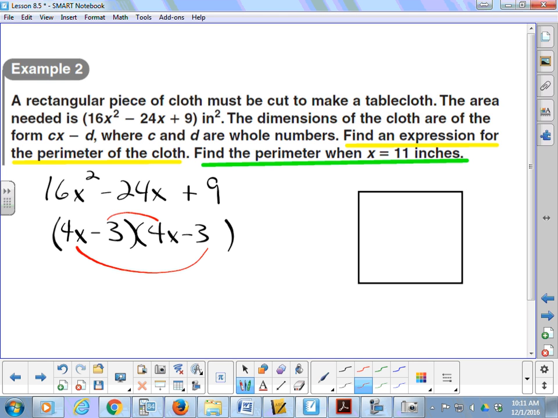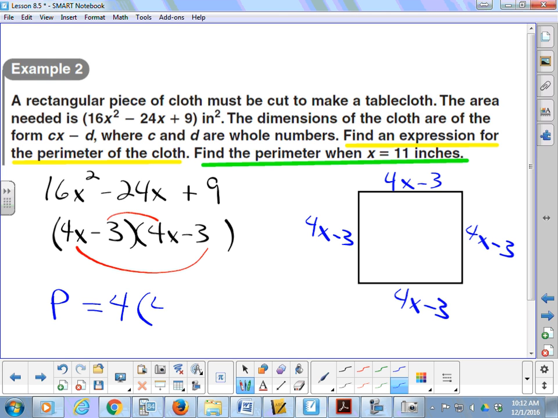So we have 4x minus 3, and 4x minus 3, and 4x minus 3, and 4x minus 3. Oh, this isn't just a rectangle, it is a square, which means all the sides are the same, so the perimeter is just 4 times 4x minus 3.